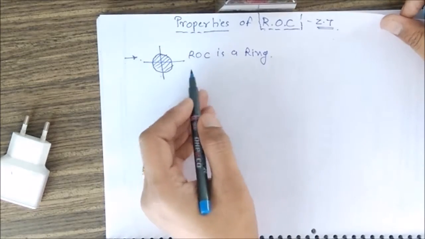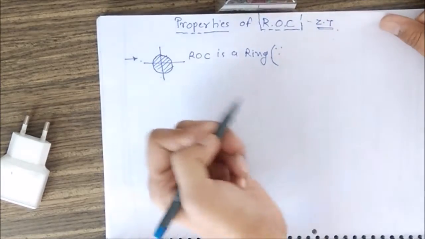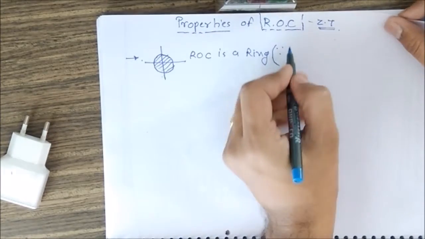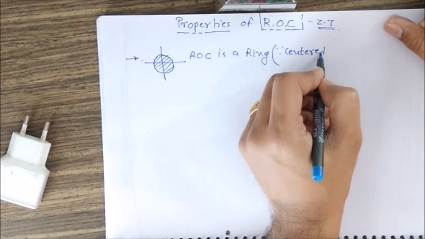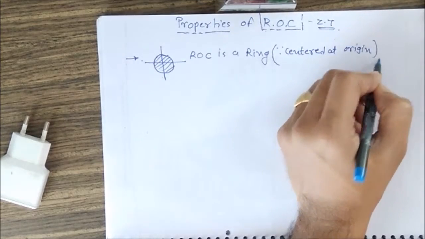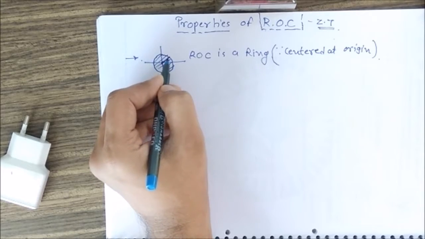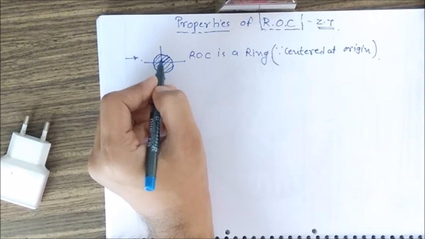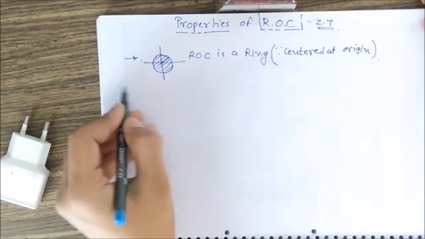That is the first property, but we need to consider the region: the ROC is a ring, but it is always centered at origin. Means at the origin with a radius r, the ROC is always centered at origin in a ring shape.